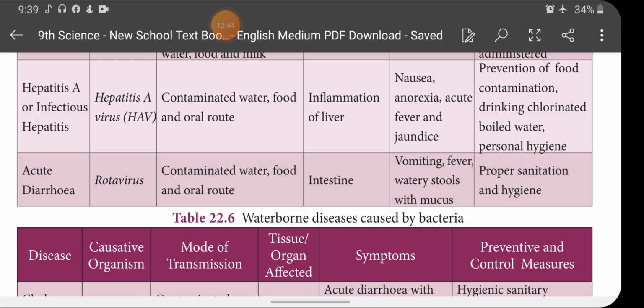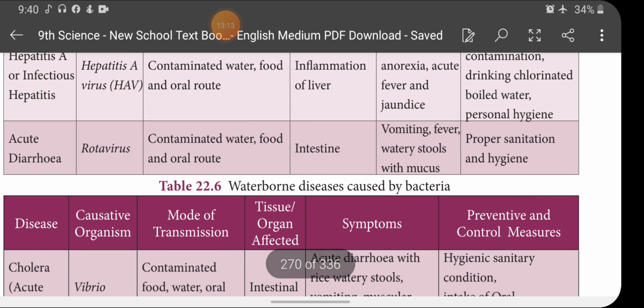Symptoms are nausea, anorexia, acute fever and jaundice. And next, prevention: prevention of food contamination, drinking of chlorinated boiled water, and personal hygiene are the preventive measures against this disease. Next, acute diarrhea.